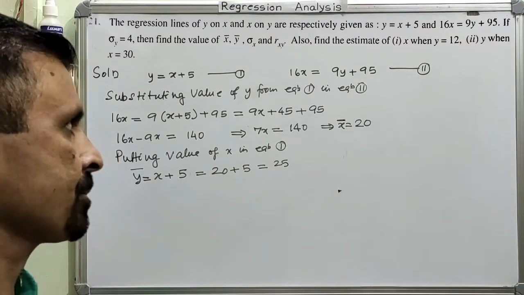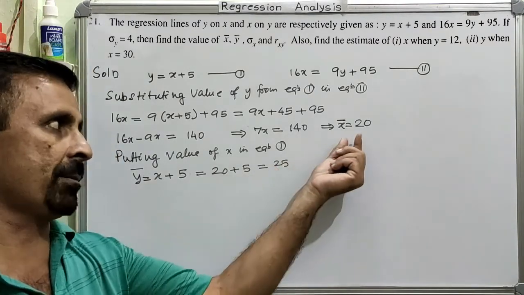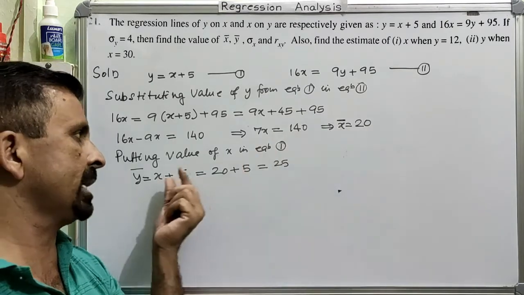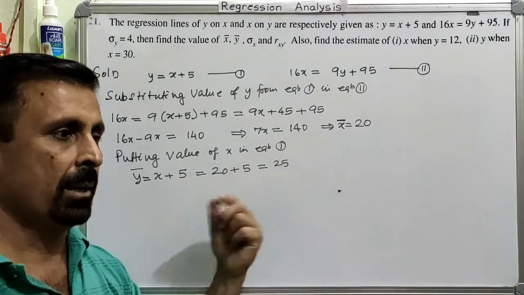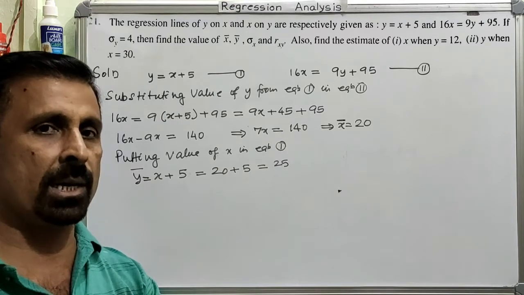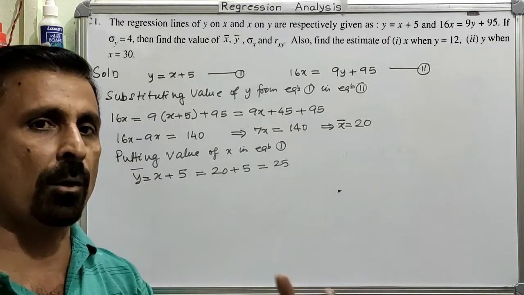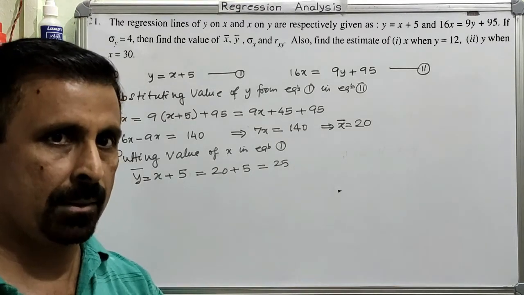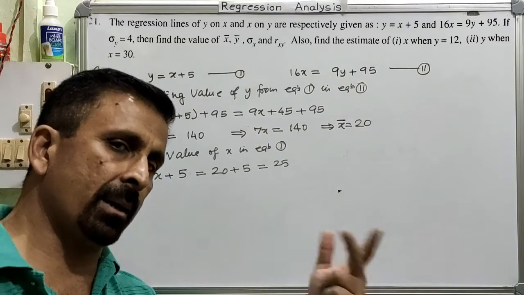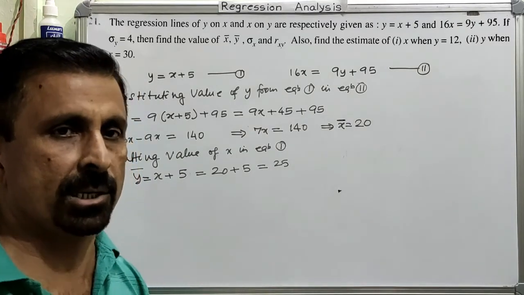I repeat, after we are done with the mean of x and the mean of y, our next approach is to calculate the correlation coefficient r. First we will calculate r, and then at the end we will go for the standard deviation of y.